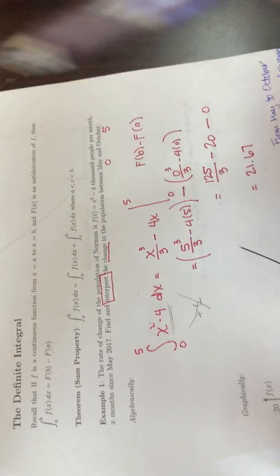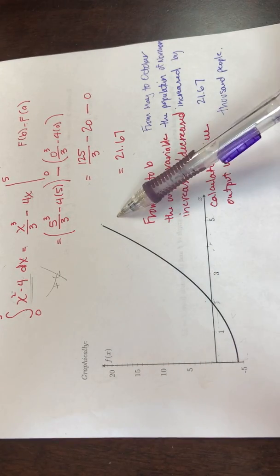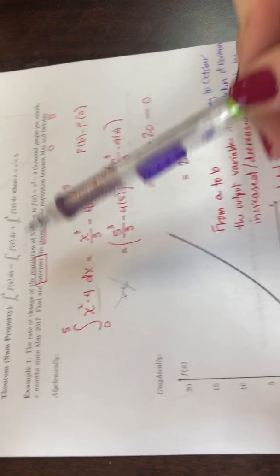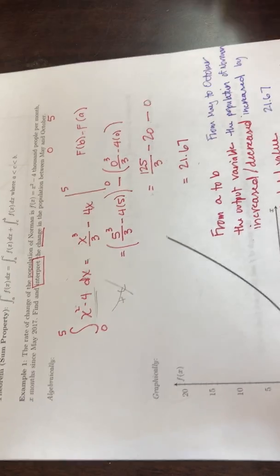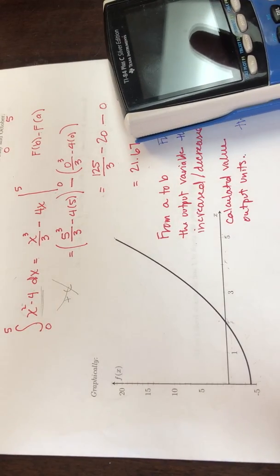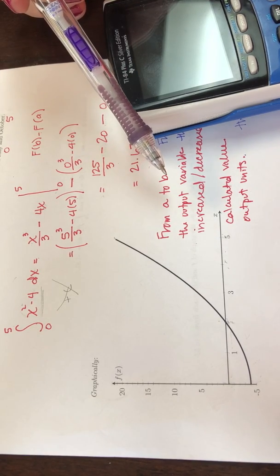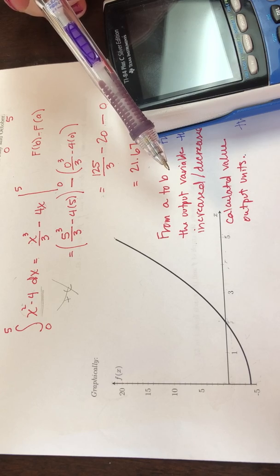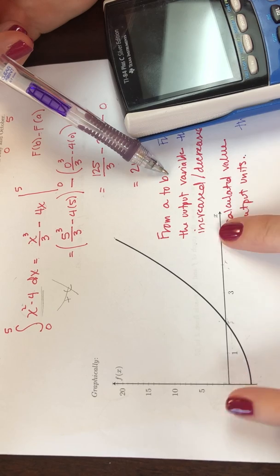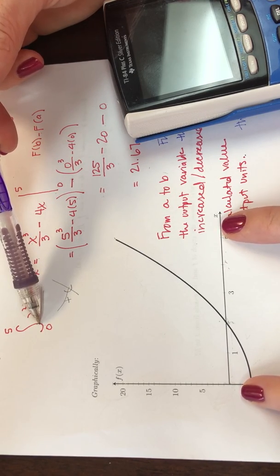So we just found, if I antiderive this equation from here to here, I get a number, and there's the number, and now I have to say what that number means. This is the interpret portion. So here is a little skeleton that you will want to use. If you'll memorize this little skeleton, it's how you're going to interpret any definite integral. First, you have to describe what those walls mean, what these numbers mean in terms of the actual problem.